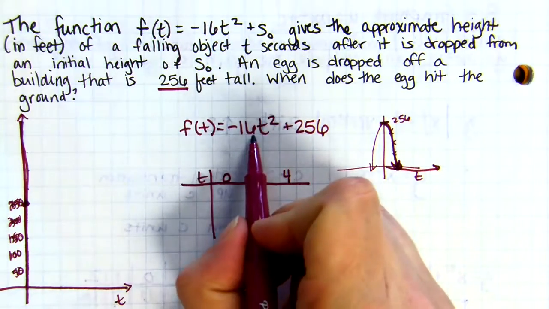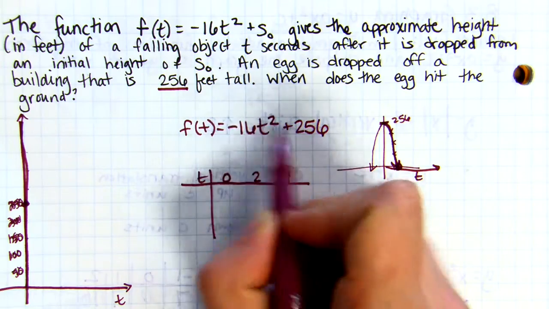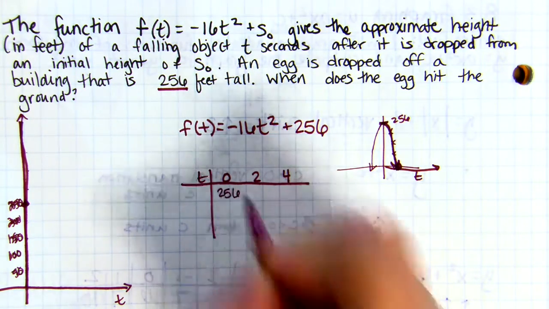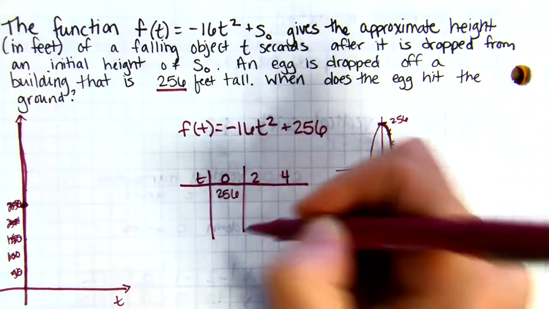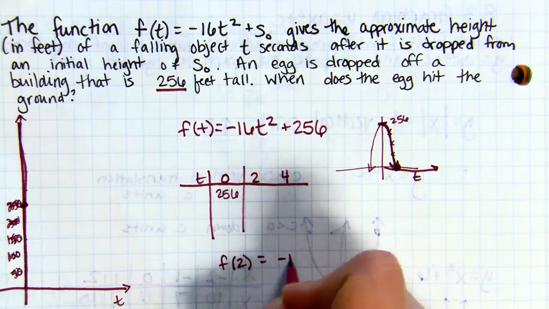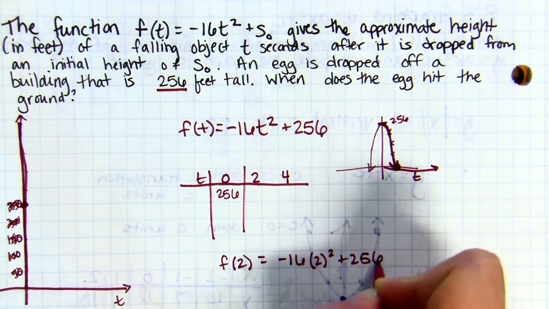So then I would put in 0 squared. So that's 0 plus 256. That makes sense. When no time has gone by, my object is 256 feet above the ground. Now I'm going to try f of 2. So negative 16 times 2 squared plus 256.